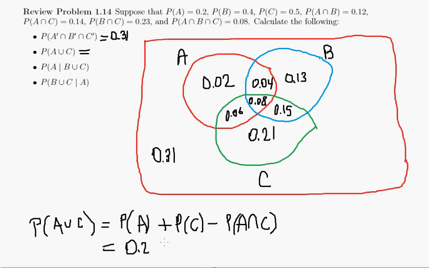The probability of C is 0.5. And the probability of A intersect C is 0.14, just from the statement of the problem. And so if I just simply do the arithmetic, 0.2 plus 0.5 minus 0.14 is 0.56. And I'll leave it for you to check that that's the exact same answer you get if you add up the 0.02 plus 0.04 plus 0.08 plus 0.06 plus 0.21 plus 0.15.